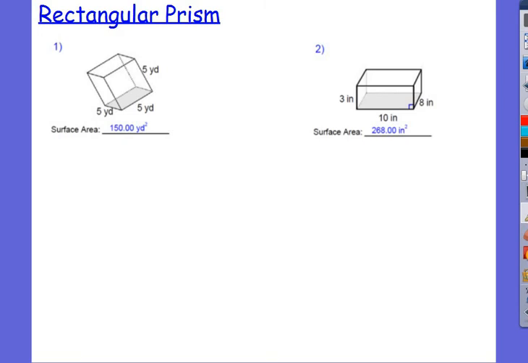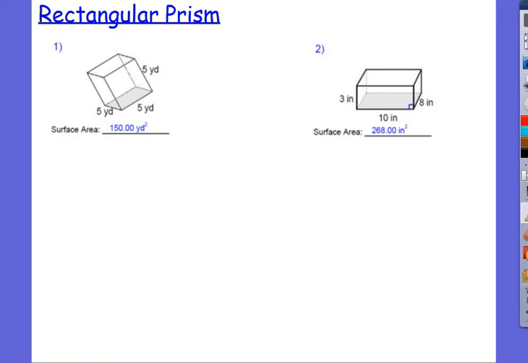So, number 1, looking at the shape of number 1, what do you find unique about it? It's a perfect cube. When all of the sides form squares, it forms a cube. Well, cubes are delightful to find surface area for, because what shape is that?